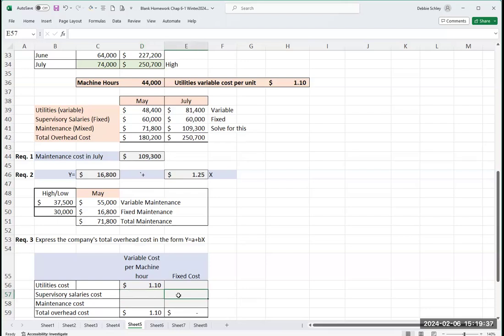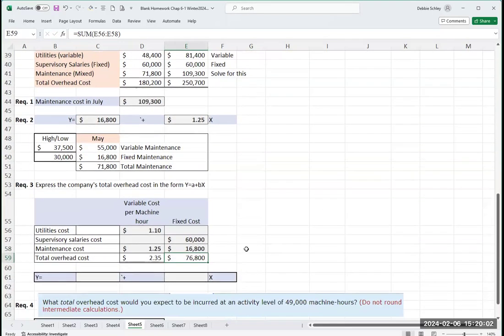Supervisory salaries is just a fixed cost, so it's not a variable, and it was 60,000. And then maintenance variable, we just figured out in required two, is that $1.25, and the fixed portion is that 16,800. So that's how that will be filled out.